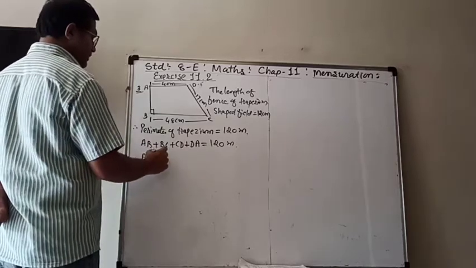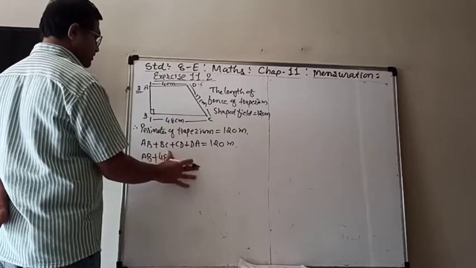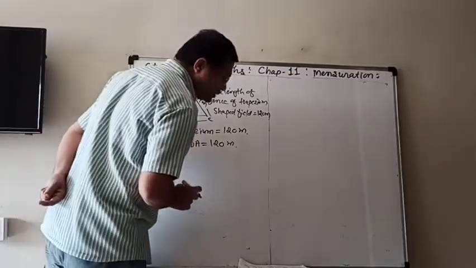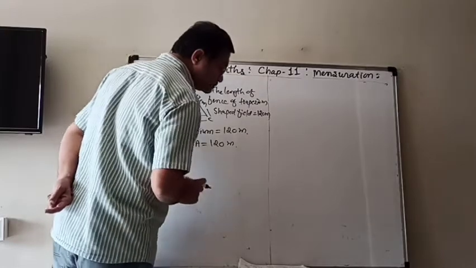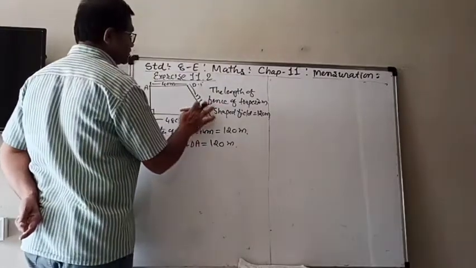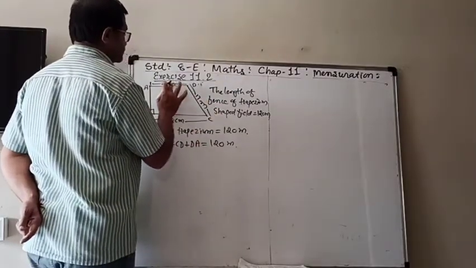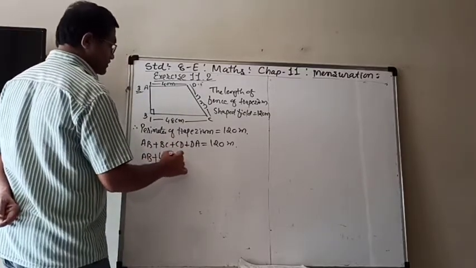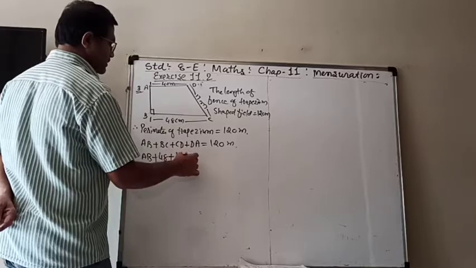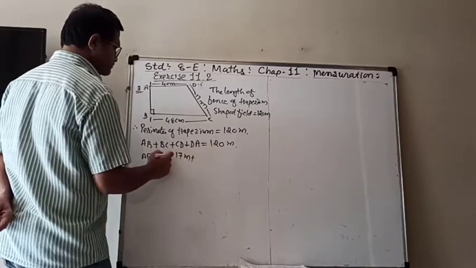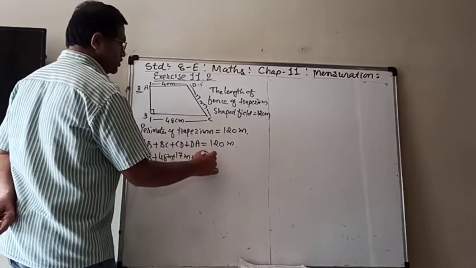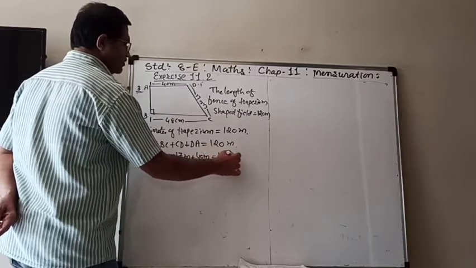So AB plus 48 meter plus CD 17 meter plus DA 40 meter is equal to 120 meter.